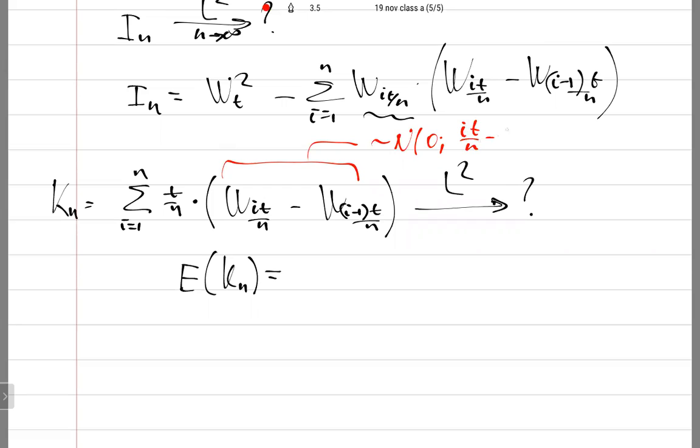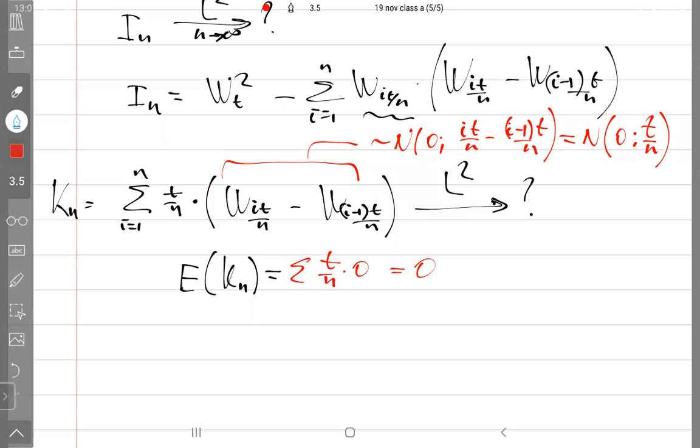If you subtract, the i will disappear. Yes, exactly, Alexandra is right, thank you very much. So the expected value is the sum of t over n times 0, which is 0.